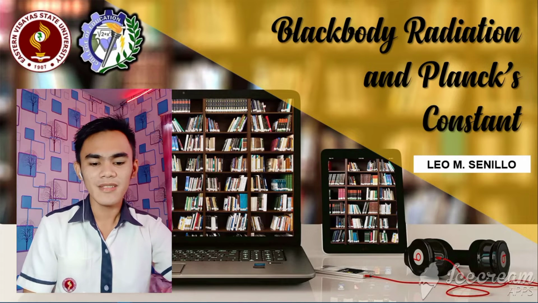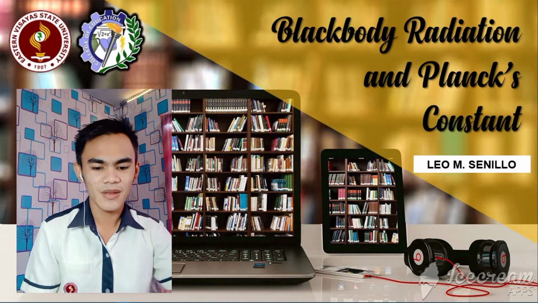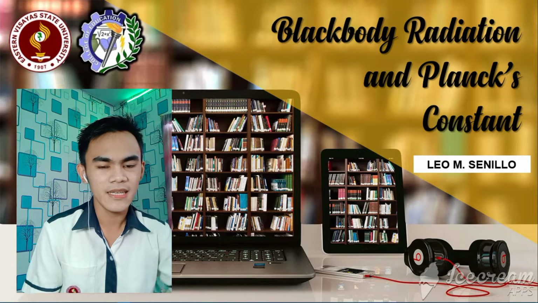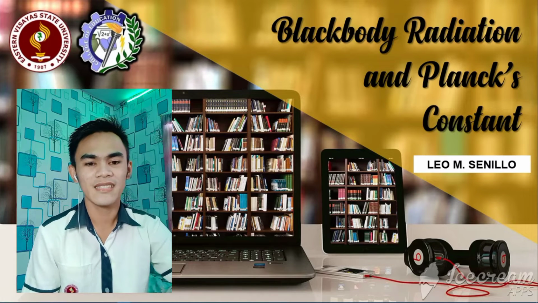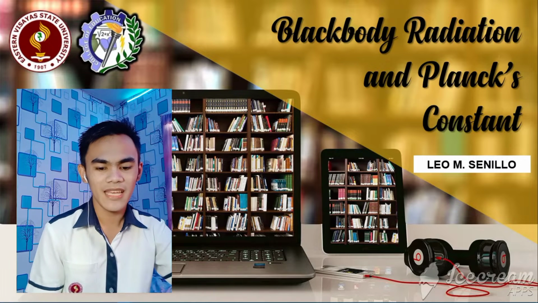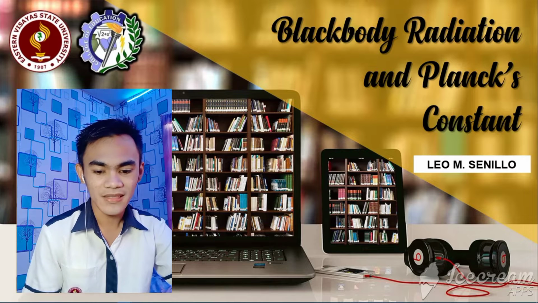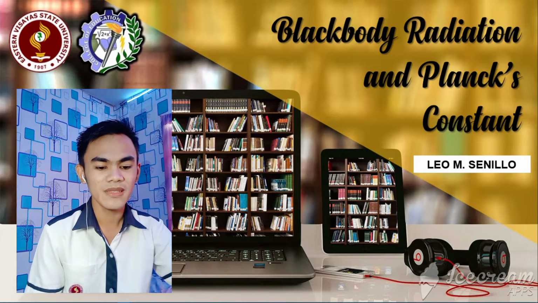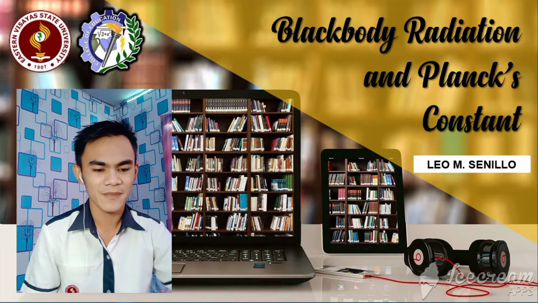Alright, so blackbody radiation refers to the spectrum of light emitted by any heated object, and it is an idealized physical body that absorbs all incident electromagnetic radiation regardless of frequency or angle of incidence.